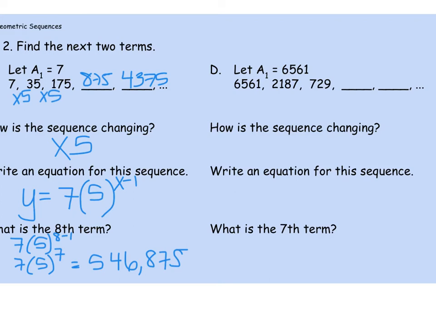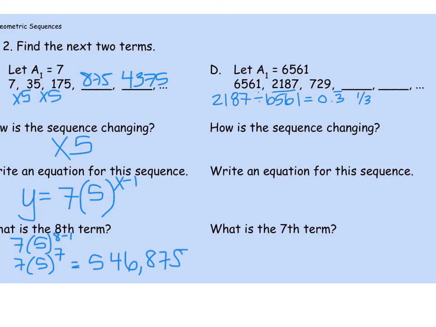Well, it's kind of hard for me to figure out what it's going down by, so we can still do 2,187 divided by 6,561. So 2187 divided by 6561. I get 0.3 repeating. Okay, which actually is the same as 1/3.